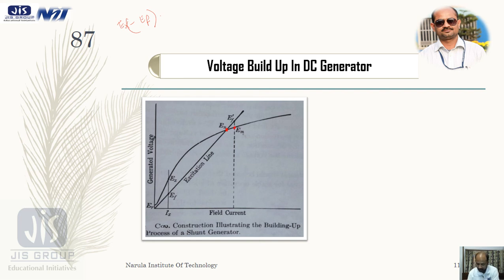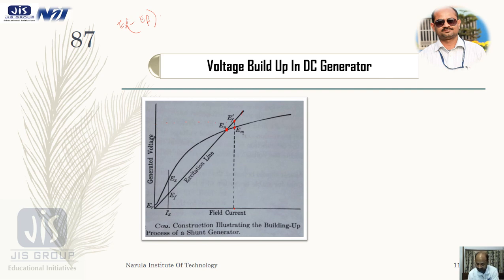Now point Em on the magnetizing curve corresponds to a field excitation which requires a field voltage Ef dash. At this point, this is the field current, this is my field resistance line, and it intersects at that point. So Ef dash is the required field voltage.